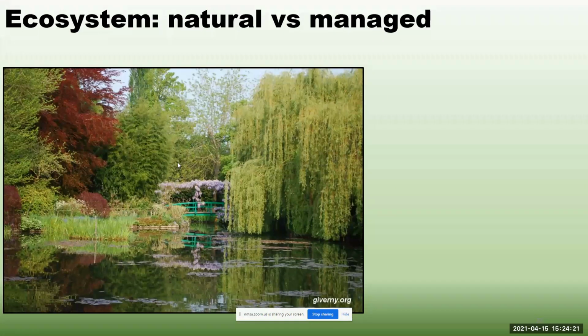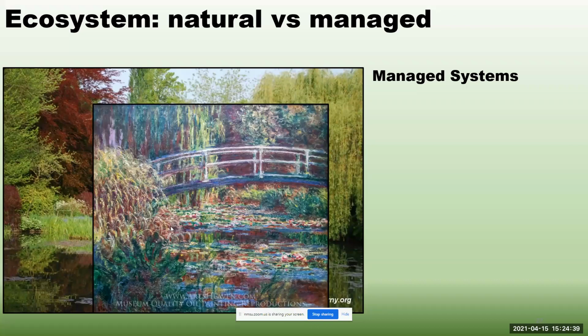So when we're talking about ecosystems in a natural versus a managed state, if we're looking at Yosemite where a fire goes through, we expect the prairie to show up and then trees to grow in, versus a managed ecosystem. This picture here is Monet's garden. I think it's from 2018. I saw it off the internet. Here's the same garden painted in 1896 by Monet himself.